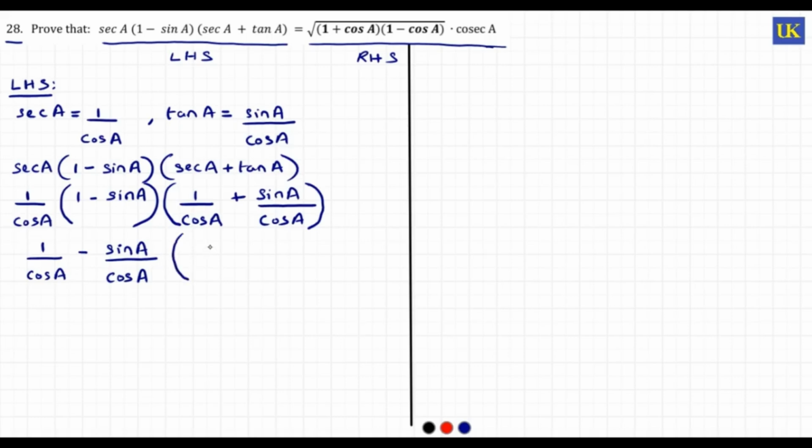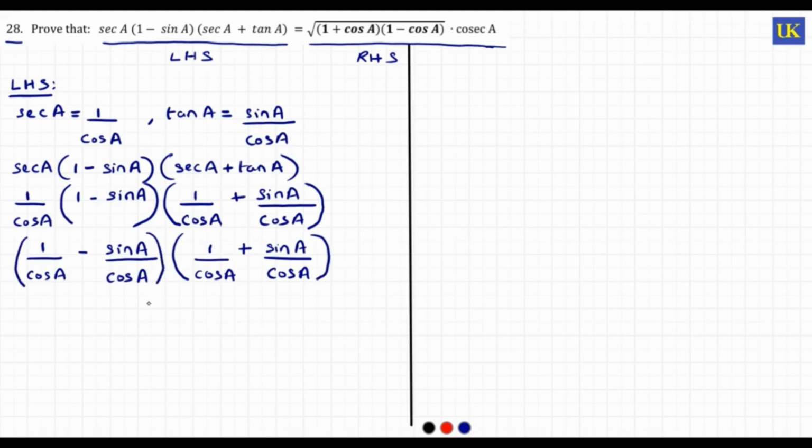Then here 1 upon cos A plus sin A upon cos A, and let me put a bracket here also.